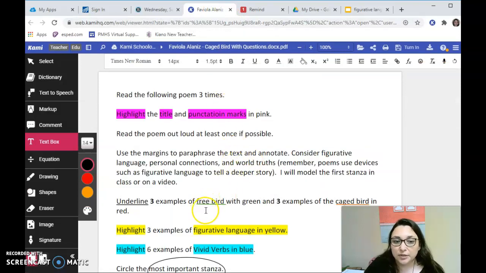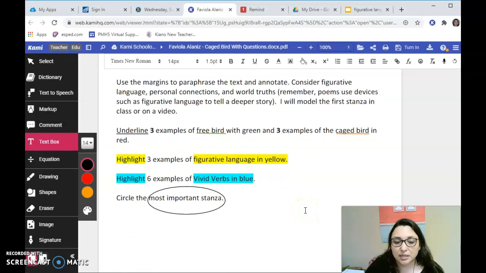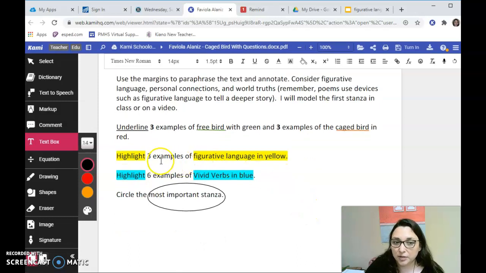You will underline 3 examples of the free bird with green and 3 examples of the cage bird in red. We are going to highlight 3 examples of figurative language in yellow and highlight 6 examples of vivid verbs in blue. What are vivid verbs? Verbs of great action that pop out for you while you're reading the poem.